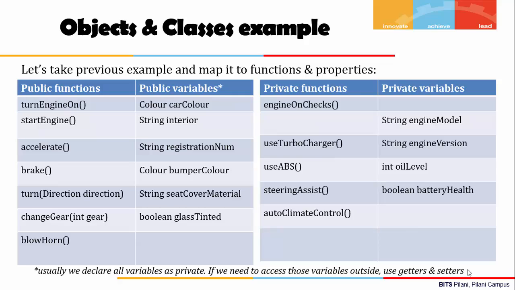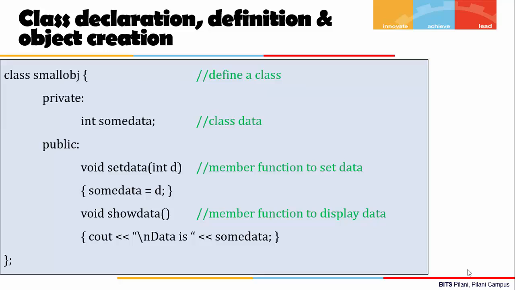Now, let's see how a class can be created in C++. So, we have a small program which consists of a class SmallObj, small object. This class SmallObj consists of one data item and two member functions.